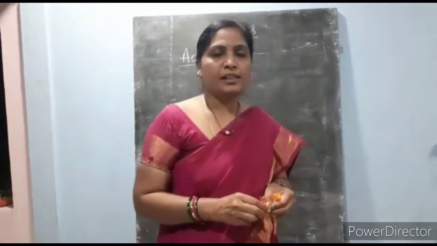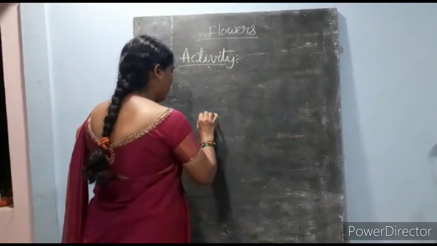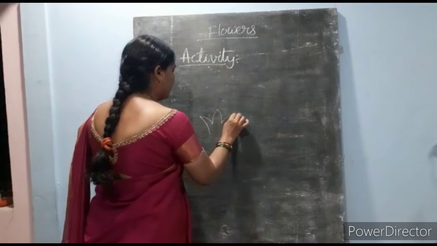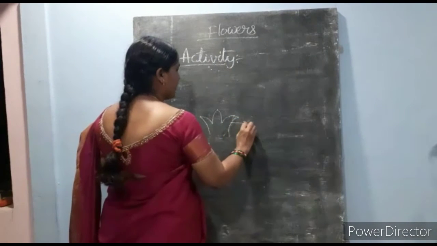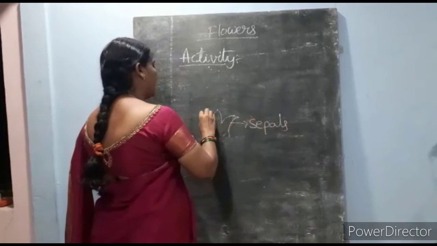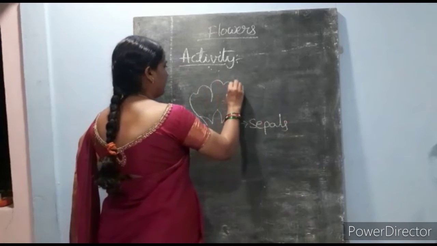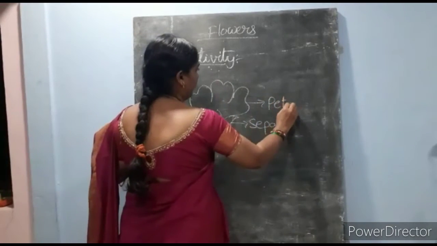And then each part of the flower: already I told you, the part which is green in color in a flower is called sepals, and the parts which are colorful and attractive are known as petals.